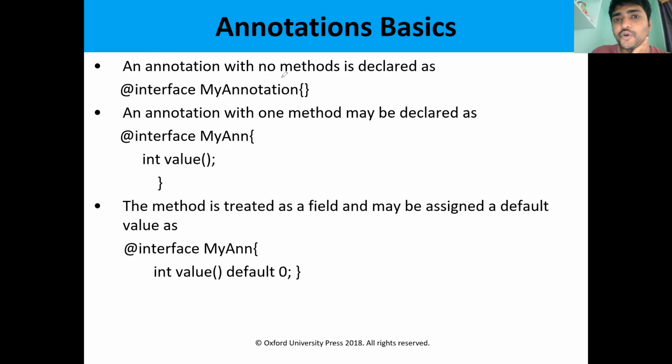An annotation with no method is declared. In general, an interface consists of either variables or abstract methods. Here, annotation is just like an interface. The interface consists of abstract methods. Here also it is the same. The annotation consists of a method, an abstract method.